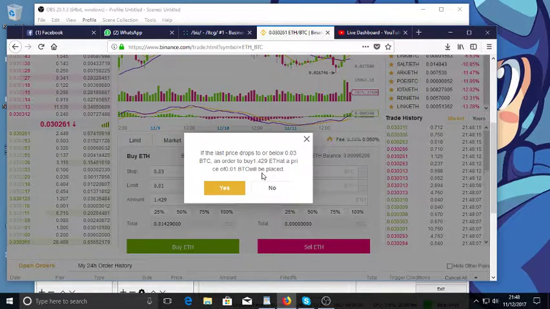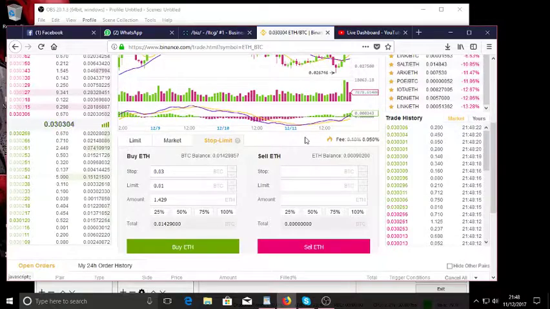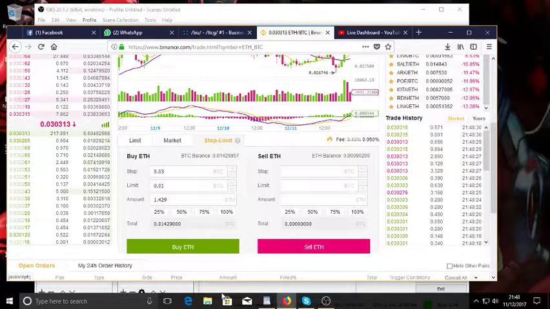So stop limit orders are really great if you have to go out for a while and you're not sure what the price is going to do. You can always set a stop limit order and save yourself some profits or losses. Okay, a sell stop limit order is the same thing.